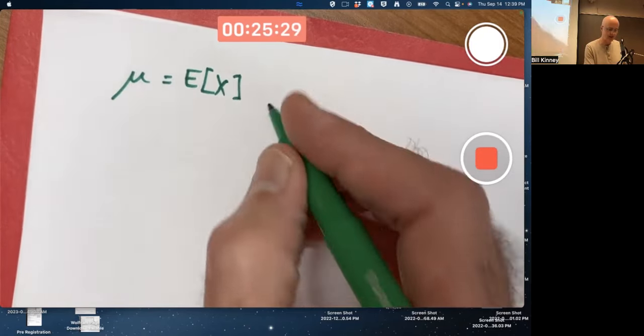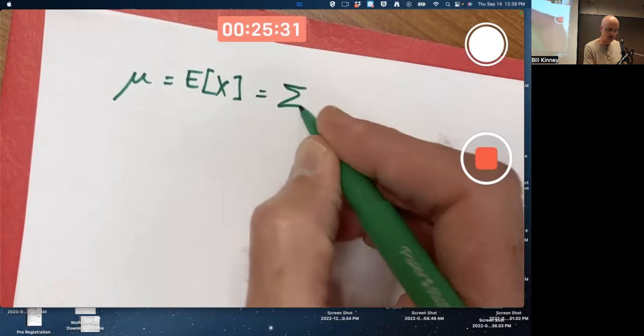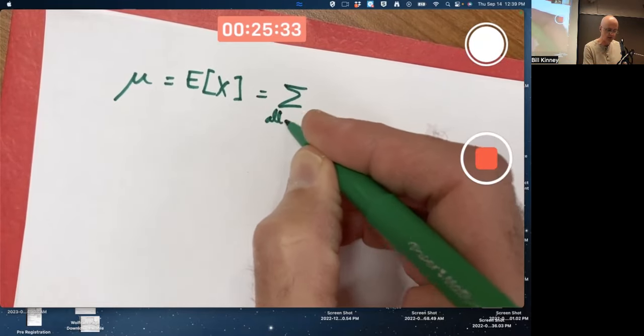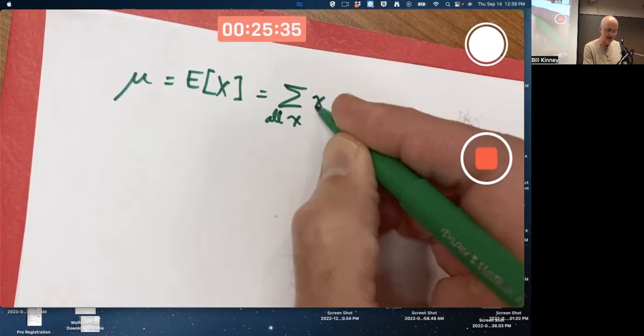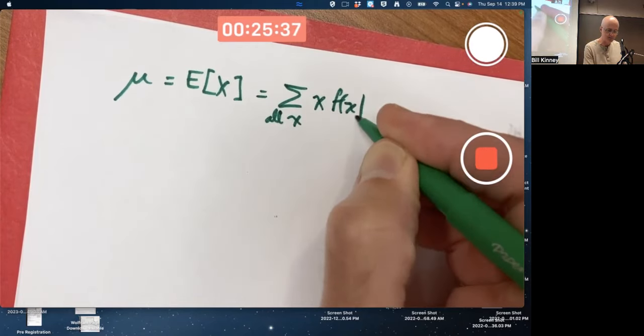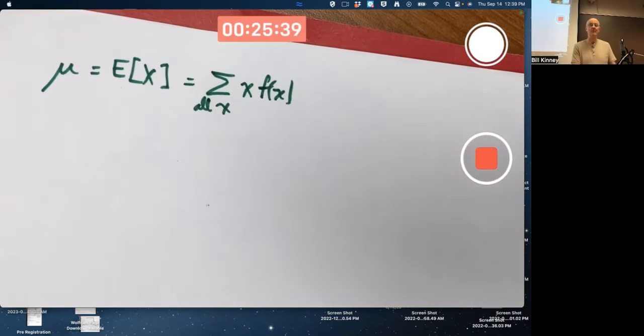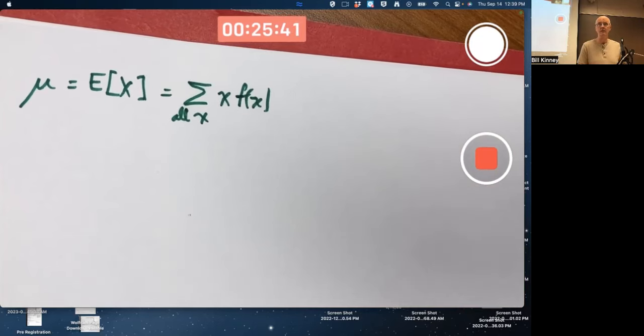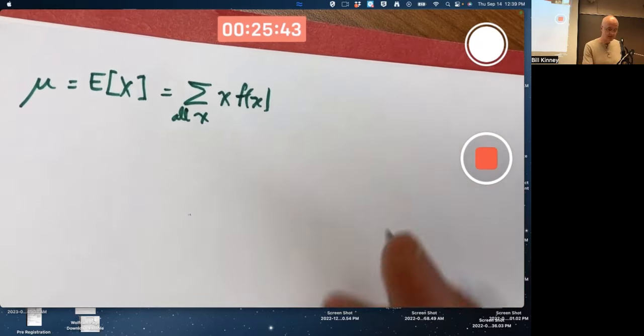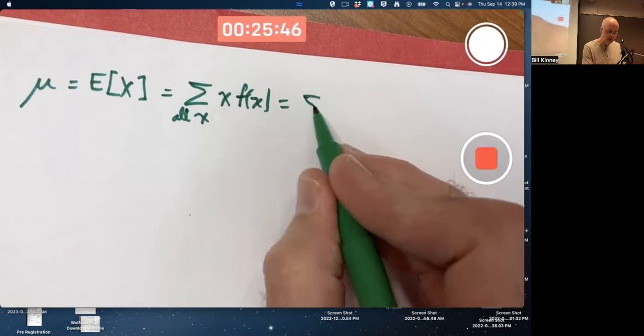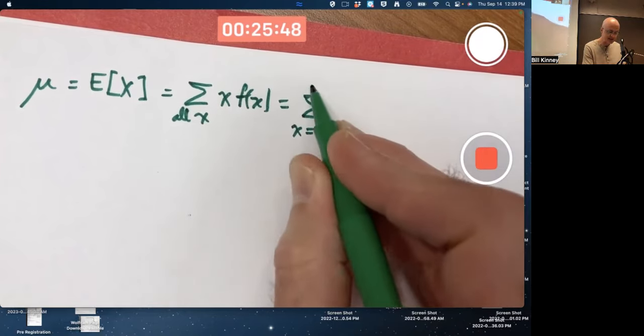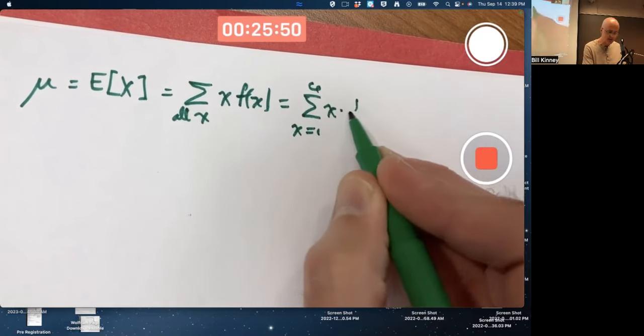What does it equal? In general, it's a sum over all x of x times the PMF. For this example, that becomes a sum, x goes from 1 to 6, of x times 1/6.